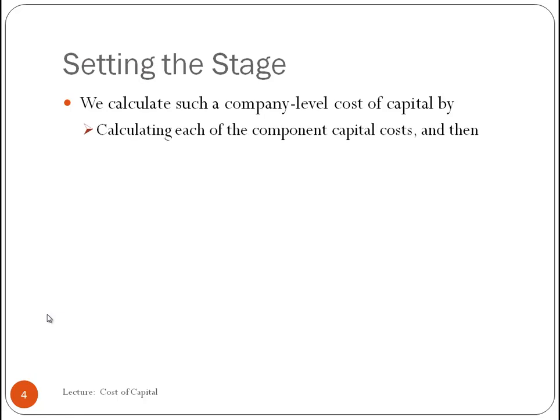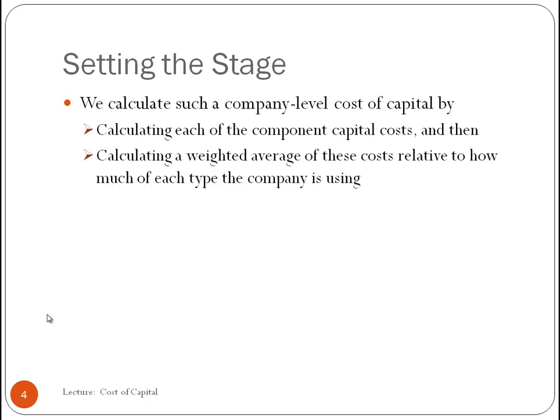So now we can calculate a company level cost of capital by calculating each of the component capital costs and then calculating a weighted average of these costs relative to how much of each type the company is using.